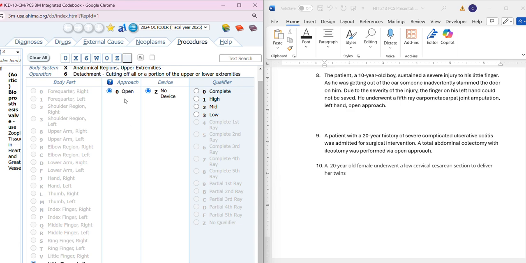It was an open approach. There were no devices. And looks like it was a complete amputation, so it's going to be 0.